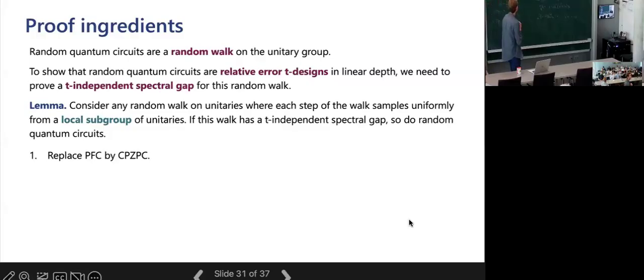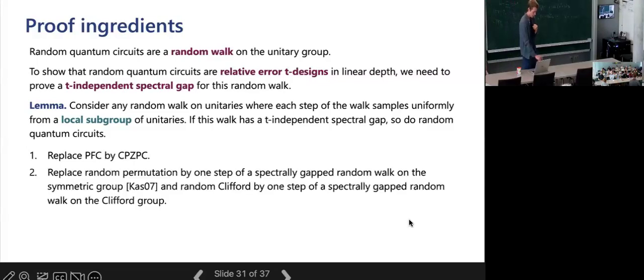Okay, the first step is a kind of technical, silly step. You replace the PFC by Clifford, permutation, Pauli Z, permutation, Clifford. The only reason I put this here is so that it's obvious that the only things we really need are permutations and Cliffords, and the functions have disappeared. Now, with this CPZPC thing, instead of doing one big uniformly random Clifford followed by one uniformly random permutation, we'll take random walks on the symmetric group, which we get from this Kassabov paper, and a random walk on the Clifford group, which you can construct fairly easily because it's a tiny group.